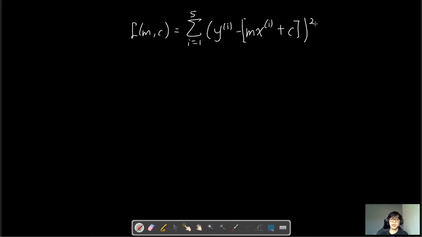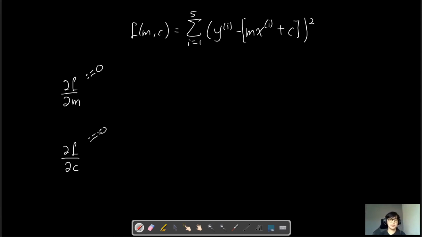Okay, how do we do this? Well, in order for us to find the minimum point of this particular function, what we need to do is to find the partial derivative of this objective function with respect to m and with respect to c, and set both of them to 0, right?